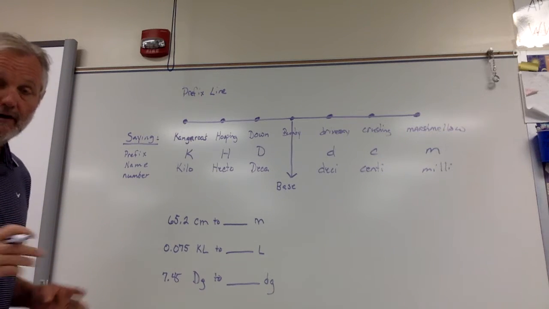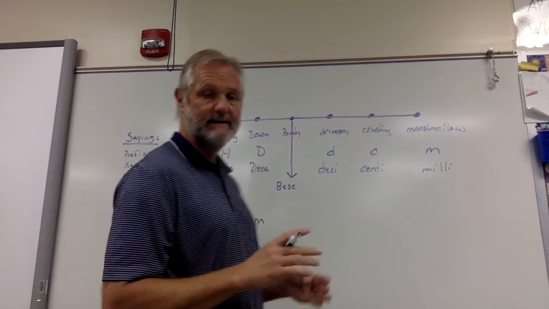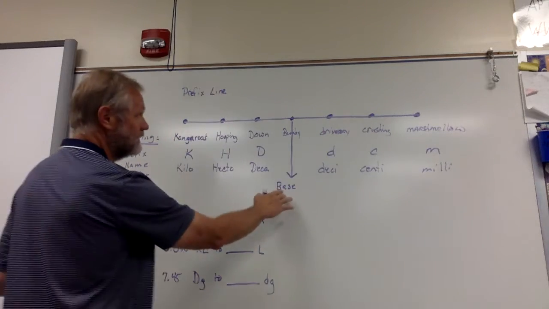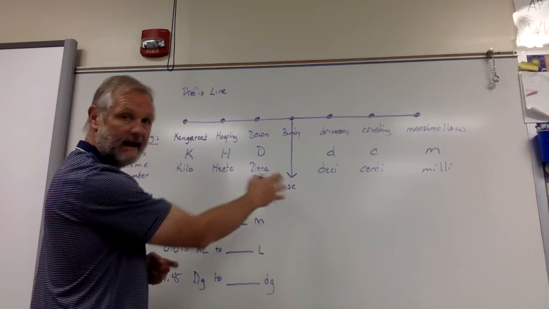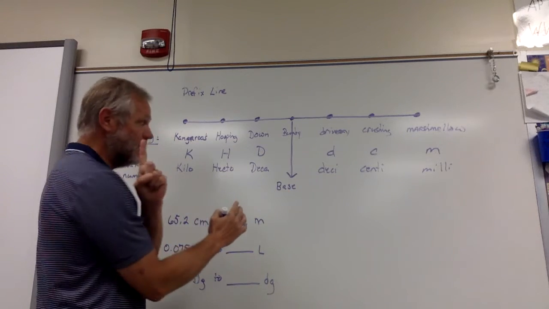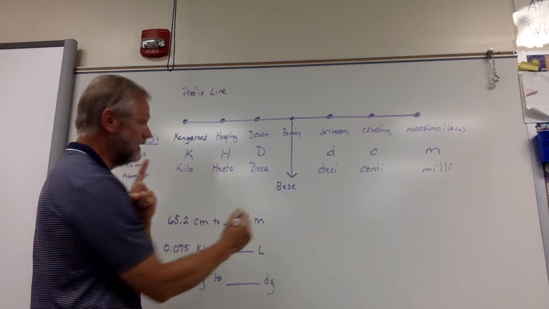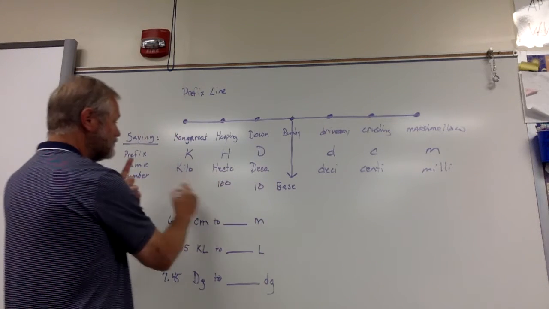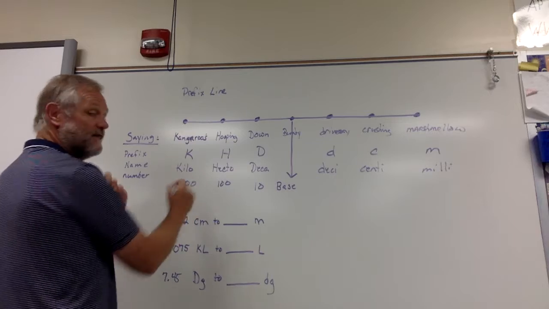What is their value? The metric system is based on the base root of 10. So when I start over here at the base, it has a base of 1. It's worth 1 of whatever unit. Then it's going to go 10, 100, 1,000.